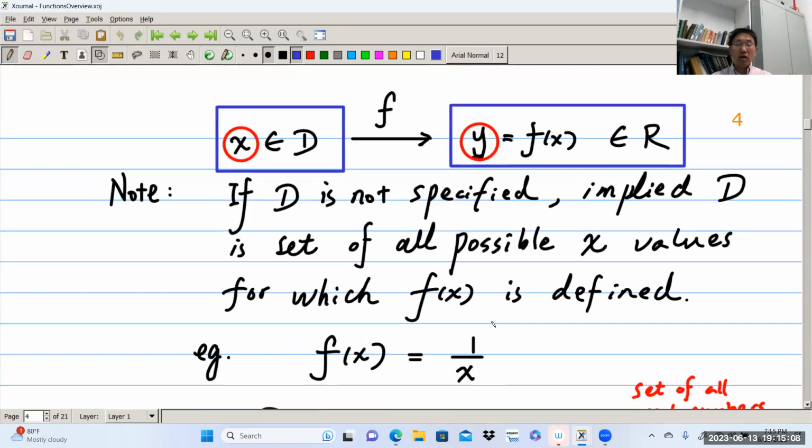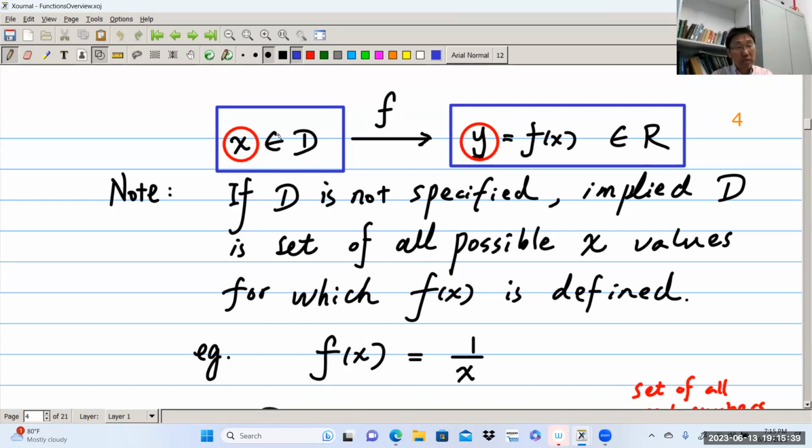So in another way, we have a number machine called F, and this machine assigns each value X in the domain a value in the range. This symbol means "is in".